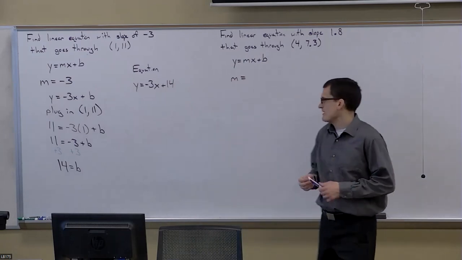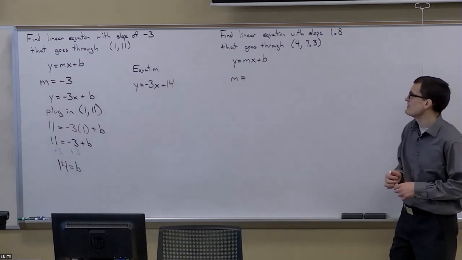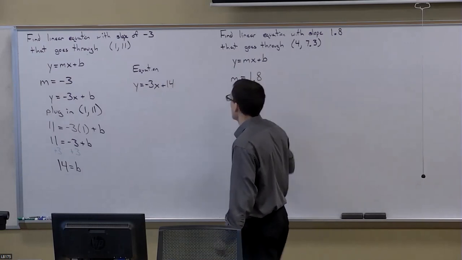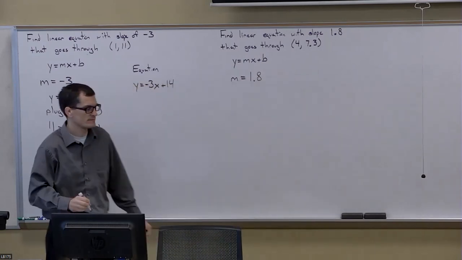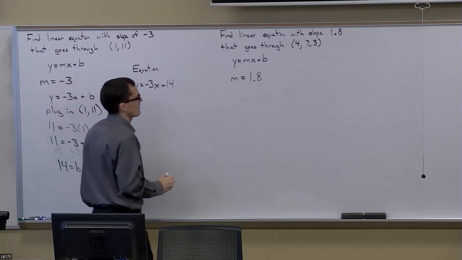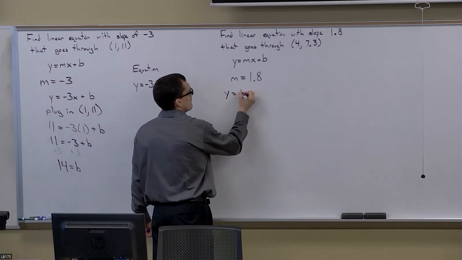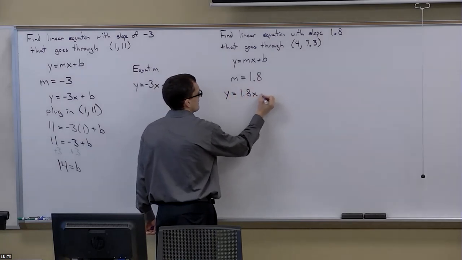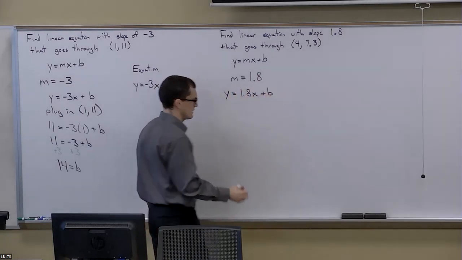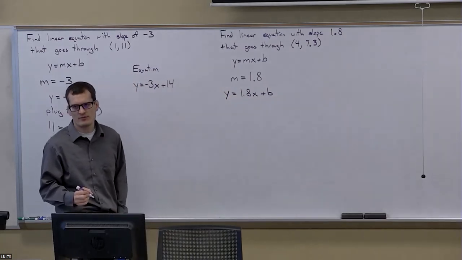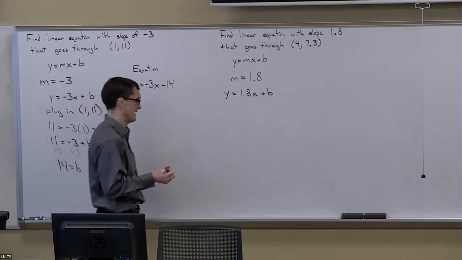Alright, so let me go through this. First off, it tells me the slope is 1.8. That's my m. So I know my equation is going to, in general, look like y equals 1.8x plus b.